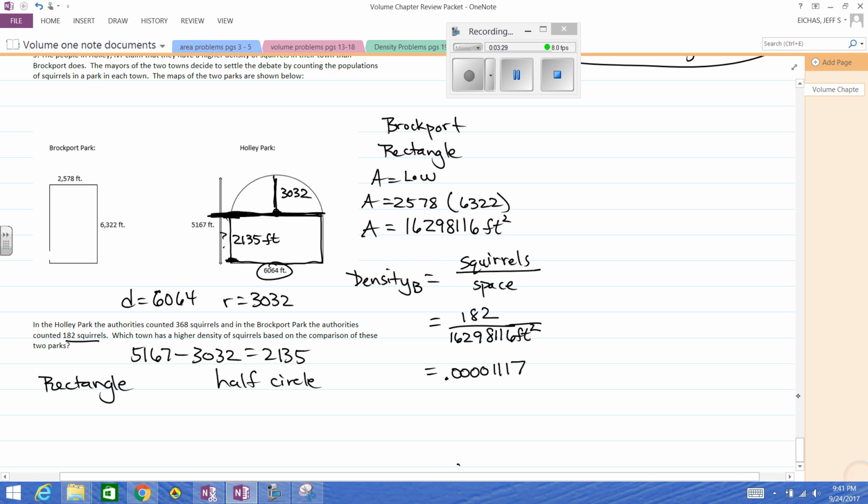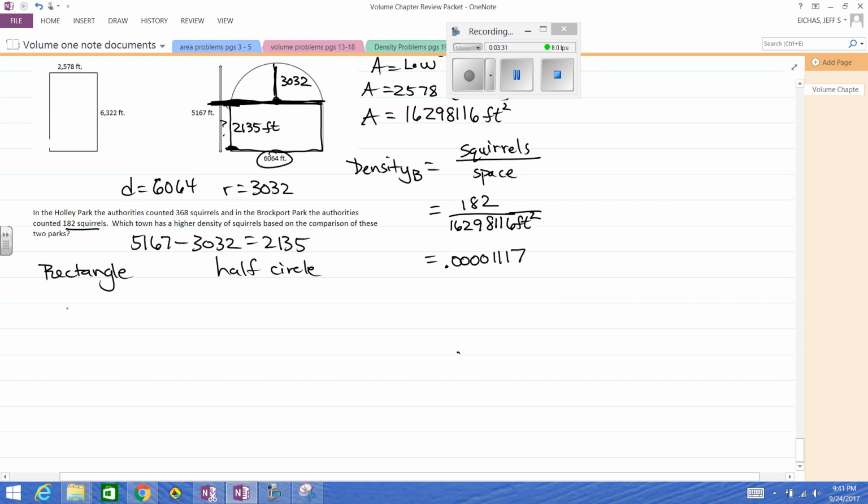So we've got the rectangle, and then we've got a half circle. Let's just be careful of that. The rectangle is pretty simple. The area is going to be a length of 6064 and a width of 2135, for a total of 12,946,640.